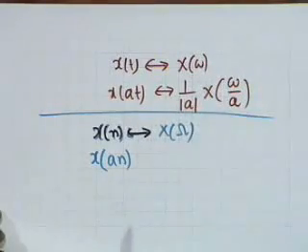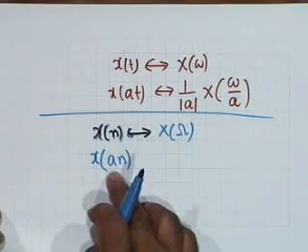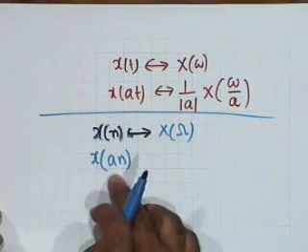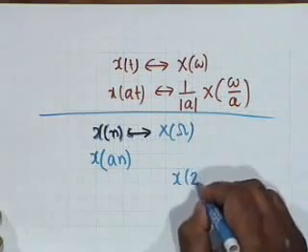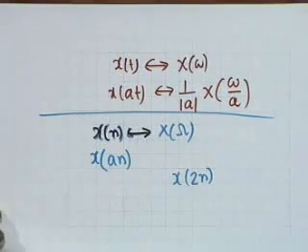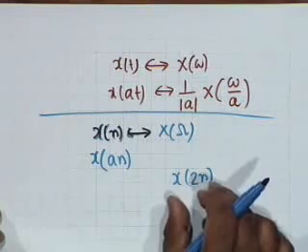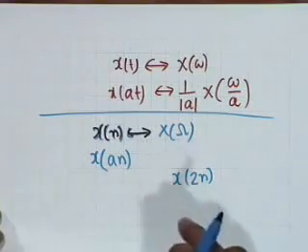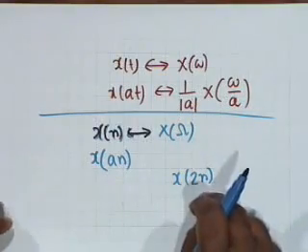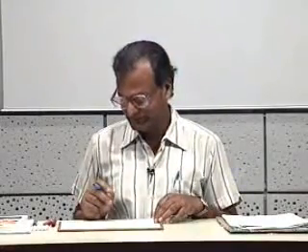There must be some modification, because x of an is meaningless unless a is an integer. Also, I discussed that x of 2n, for example, even if a is an integer, is not a compression of the original signal. It is a distorted signal. It is a sampled version of the discrete time signal. It only takes the even values, and therefore it is not a case of compression.